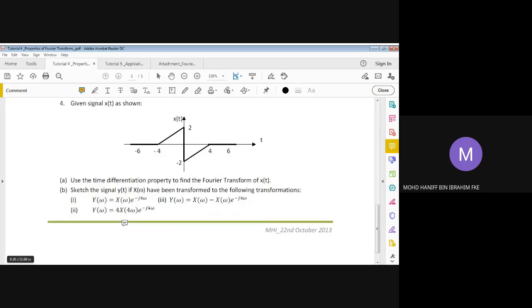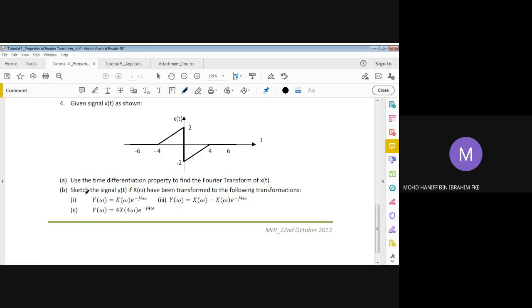This is just to sketch the signal of y(t) if your X(omega) has been transformed by the following operations. You are given that Y(omega) is X(omega) times exponential of negative j omega 4.